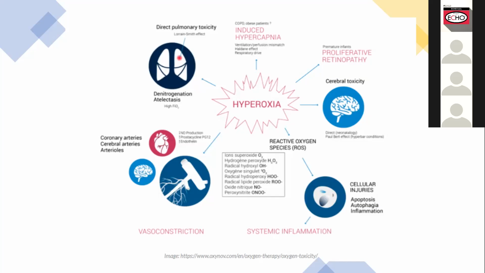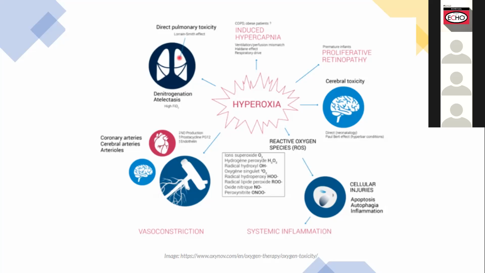Hyperoxia can also lead to vasoconstriction and, as I said, retinopathy. At the level of the lungs, hyperoxia can produce a direct effect of atelectasis. So these effects can be manifested in different organs: the lungs, the heart, vessels, cells, even the brain, and the eyes, where you can get retinopathy.